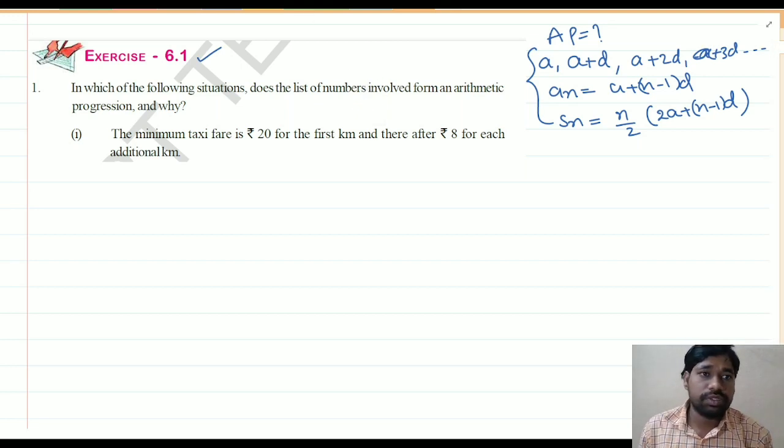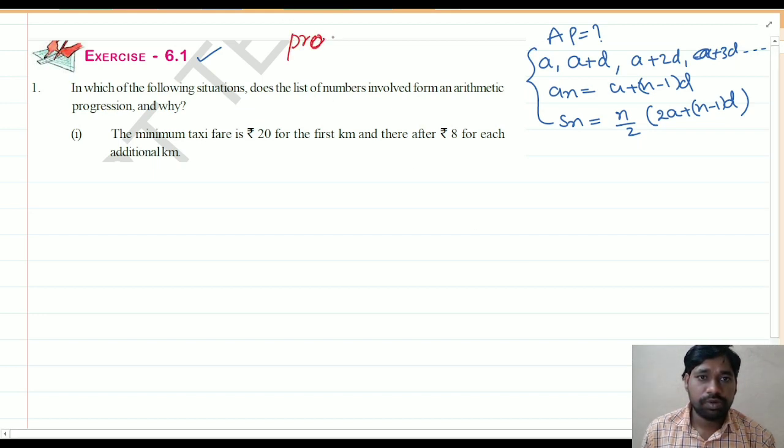So today we are going to discuss the concept of progression. Let us see. First, in which of the following situations does the list of numbers involved form an arithmetic progression, and why?